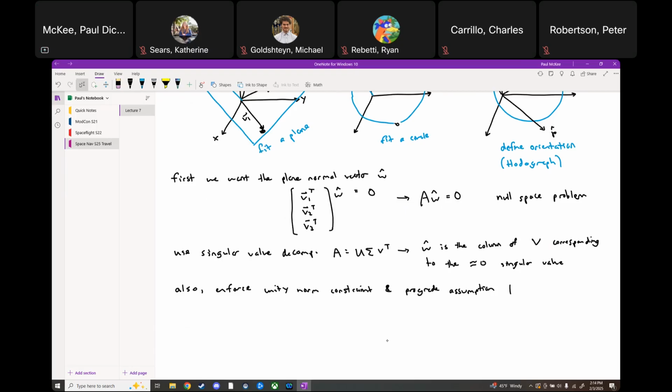It means we assume that W has a norm of 1, and we also assume that the third element of W is positive, which is to say it's rotated, if we're orbiting the Earth in this case, you're orbiting in the same direction as the rotation of the Earth, not opposite the rotation of the Earth. That's a reasonable assumption for most spacecraft. I'd be very surprised if something was orbiting the other way.